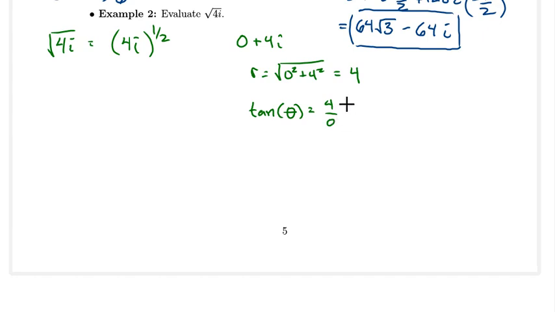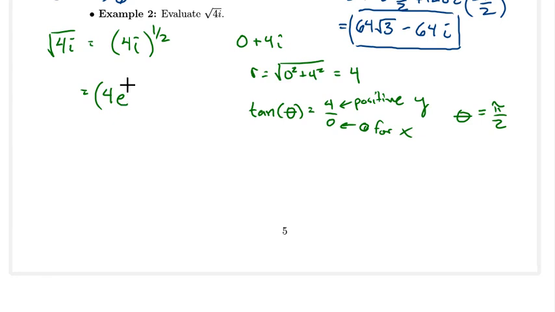We're saying that we have this positive y value and 0 for x. So that happens at theta equals pi over 2. So this thing can be written as 4e to the pi over 2i, raised to the 1/2.